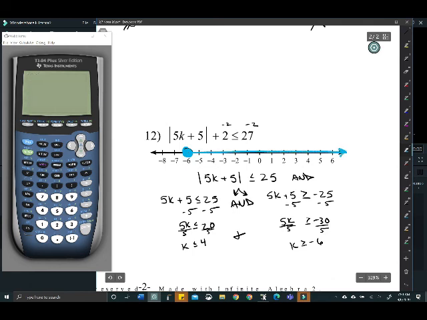Less than or equal to 4, to the left. And the only ones that are really important are from negative 6 to positive 4. When you're answering these, if you only want to include that as your answer part, that's perfectly fine. I don't mind that one bit.